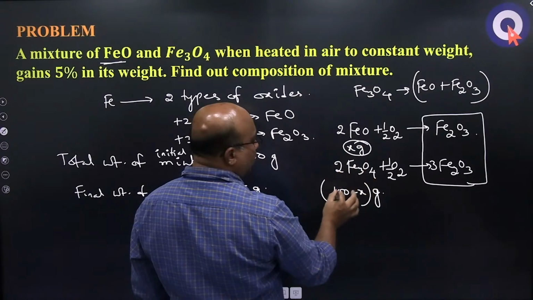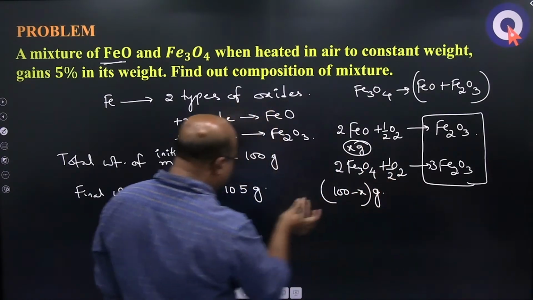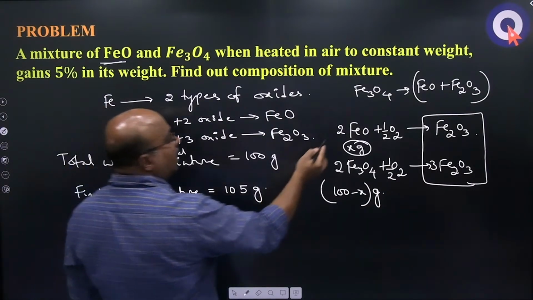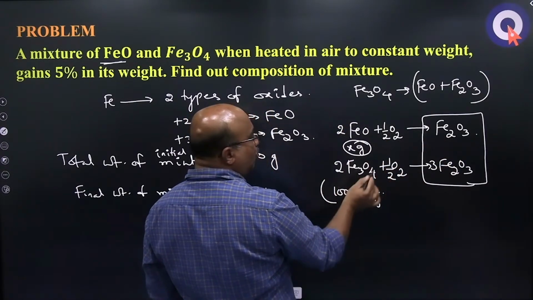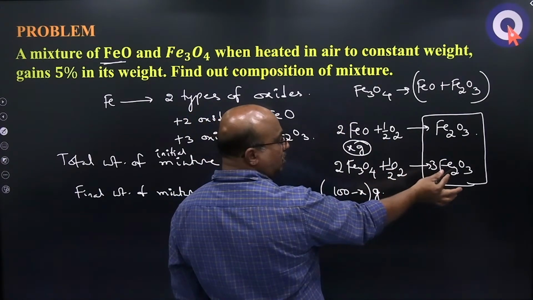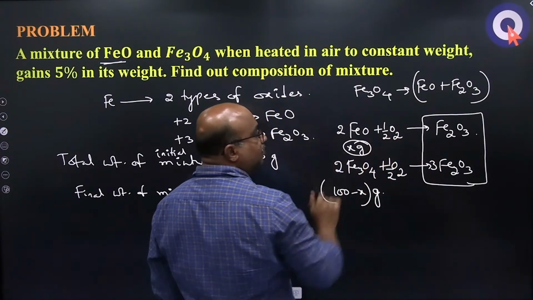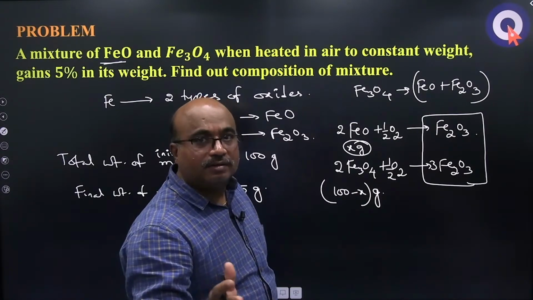For 100 minus x grams, how much is required? If you add that weight and equate it to this, that will be the final weight. Because this iron oxide completely changes into Fe2O3, and this Fe3O4 also completely changes into Fe2O3, only oxygen is added here. So what is the weight of oxygen that gets added?